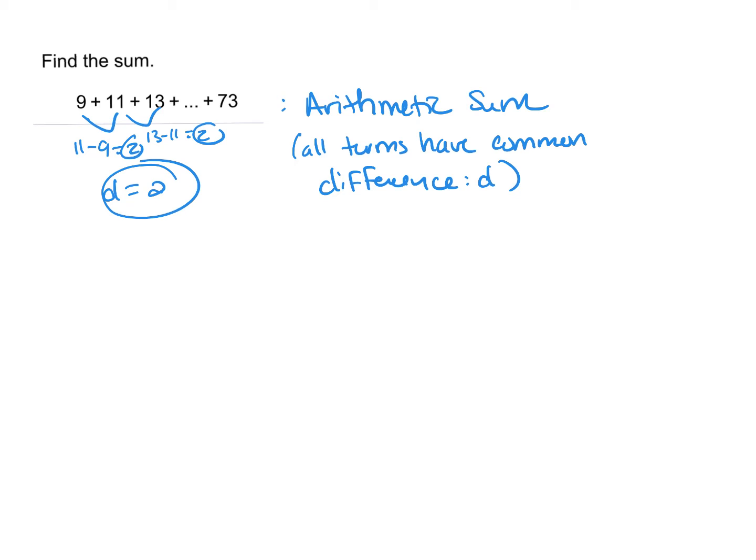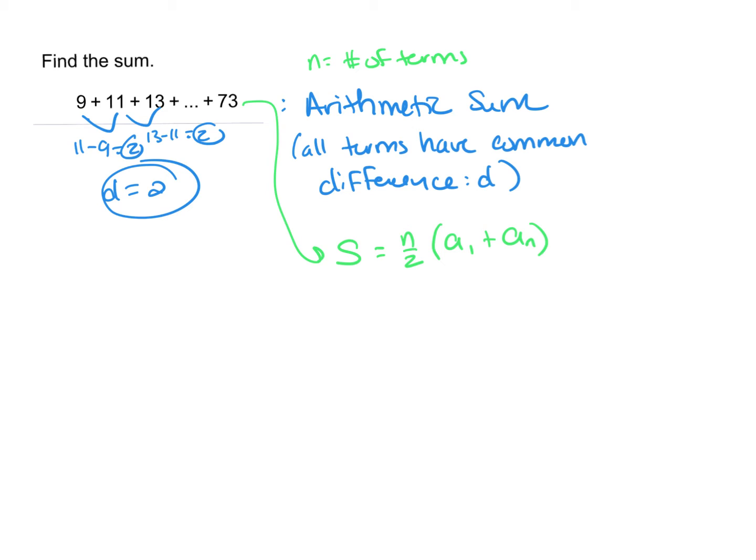If you remember from your arithmetic sum work, the formula for the sum of an arithmetic sequence is n divided by 2, where n is the number of terms, times the quantity of the first term added to the last term.